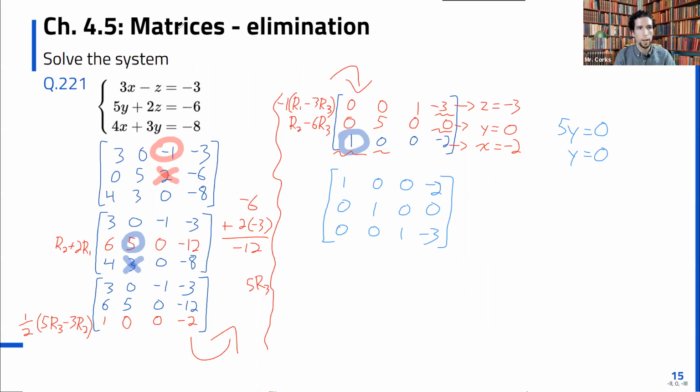So this is the more standard way of looking at it. And here is our nice main diagonal line, showing the totally solved version of this matrix.